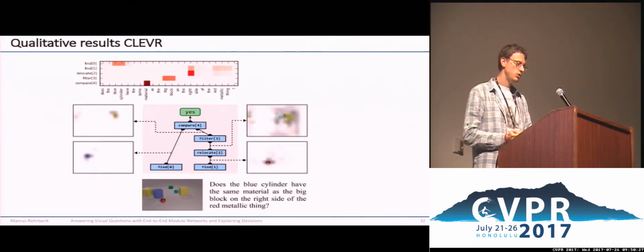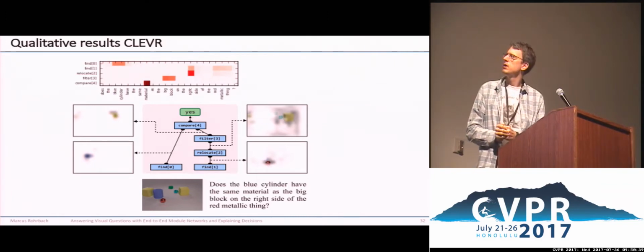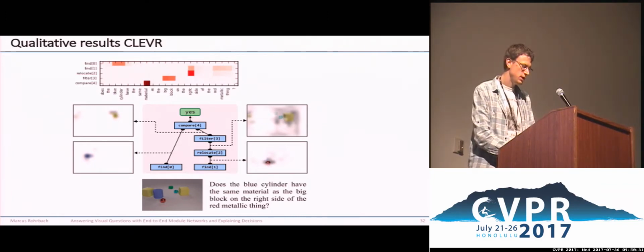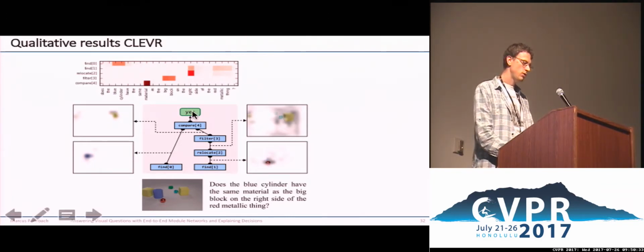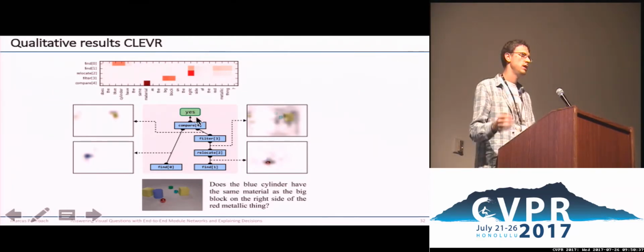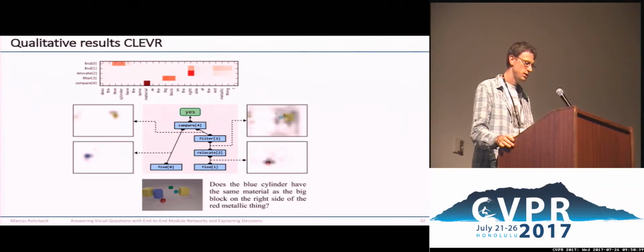Maybe it's more interesting to look at a qualitative example. It's a bit small to see, but here we correctly predict this tree, because at test time we don't have any ground truths for the questions, at least we assume we don't have it.